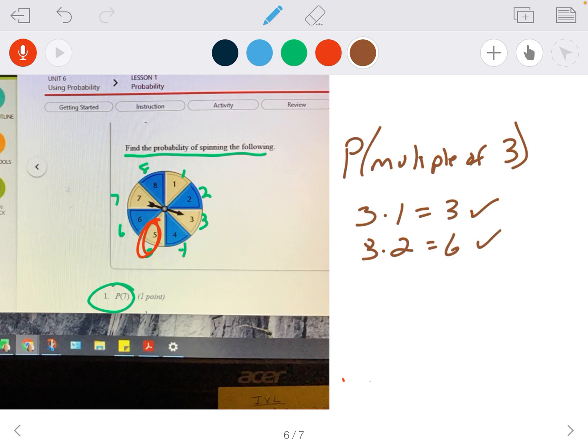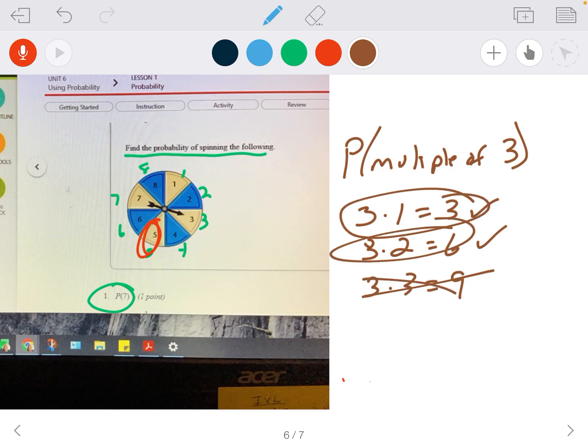That's on the spinner. 3 times 2 is 6. That's on the spinner. 3 times 3 is 9, and so that is not. So how many are there? There's 2 multiples over how many possible choices? Well, we just said it was 8. So 1/4 or 25%.